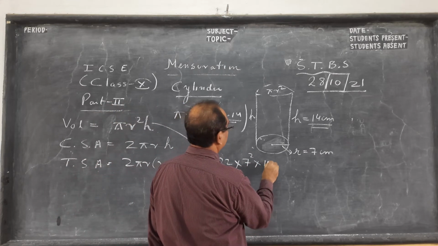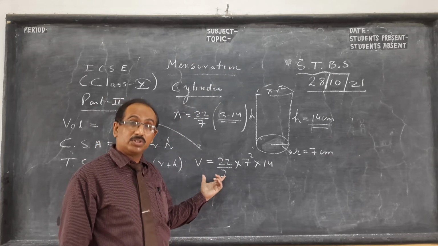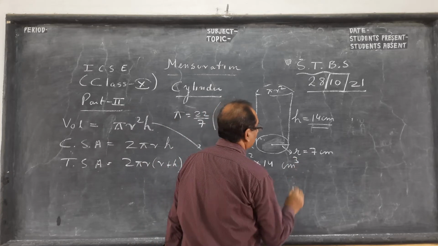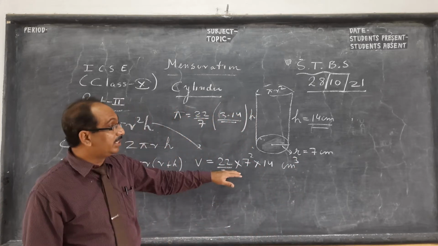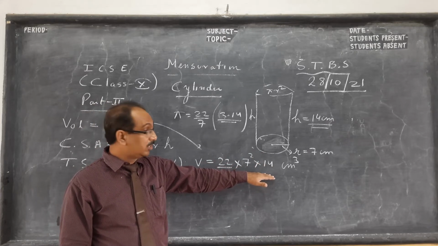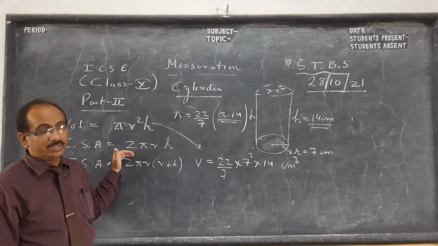H is 14. Another thing: in our time it was very important to write the unit. Many of you don't bother now, but it will be centimeter cube. Volume is in centimeter cube or meter cube, and surface area is in centimeter square or meter square.